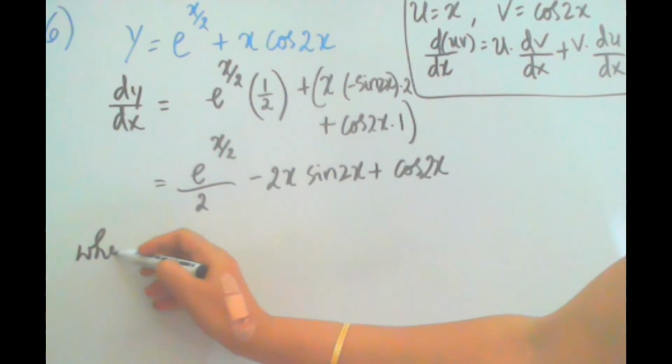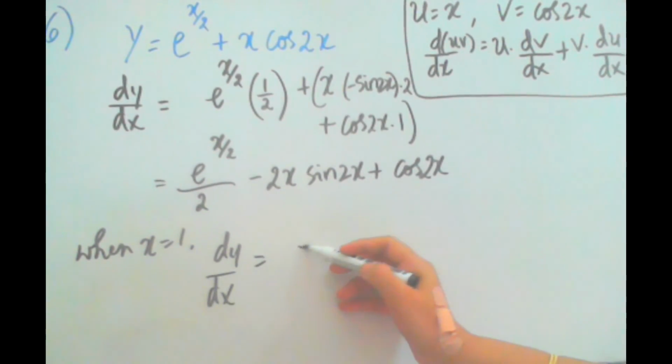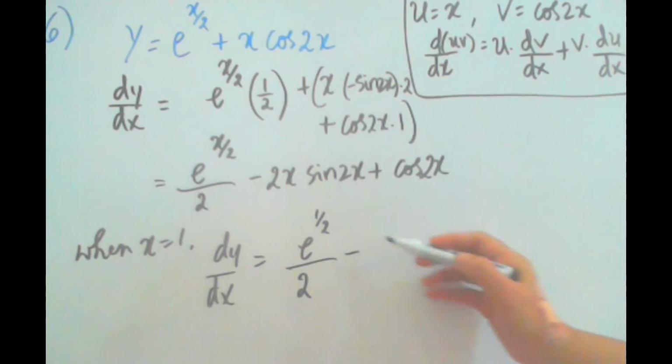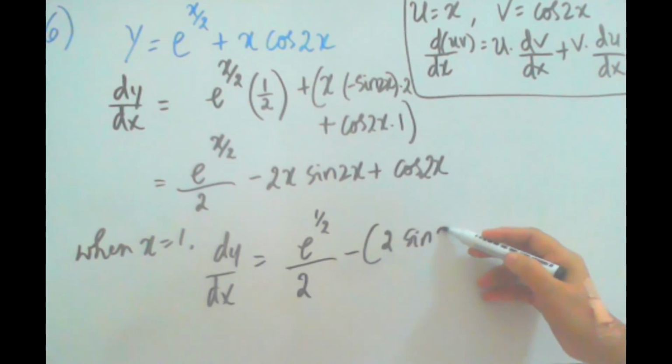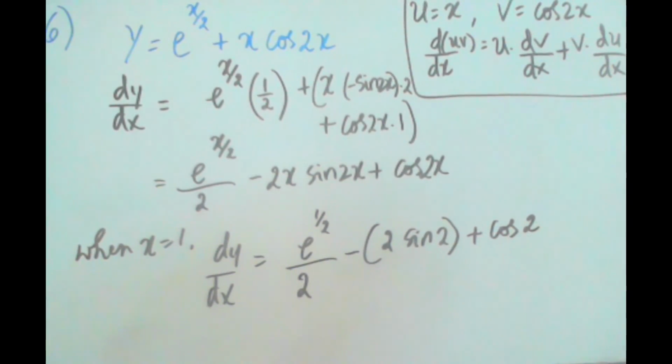So when x is 1, dy by dx is equal to e power 1 over 2 divided by 2, minus 2 into 1 which is 2 sin 2, plus cos 2. Put your calculators in radians mode and evaluate this expression. You will find that the answer will be minus 1.41. So that is the answer for question number 6.